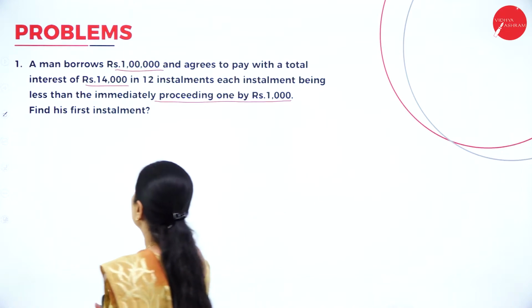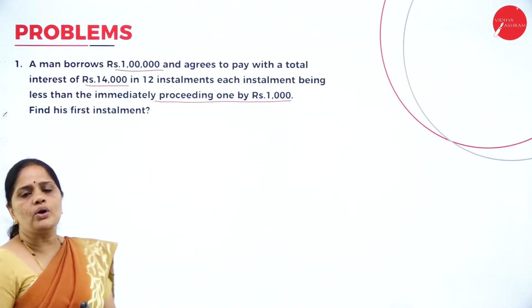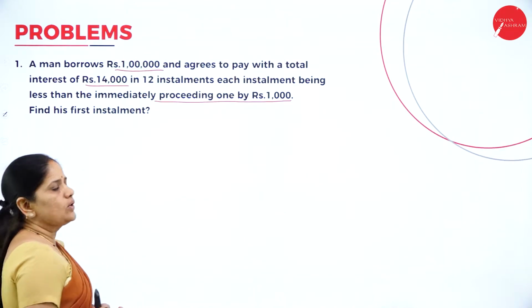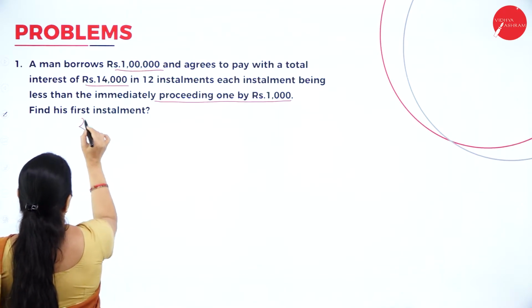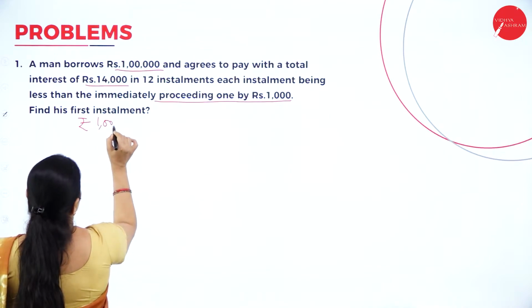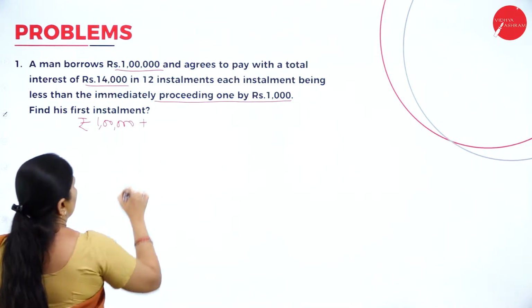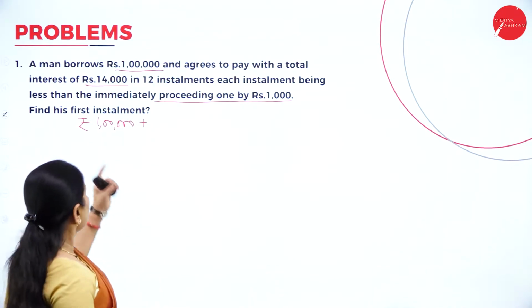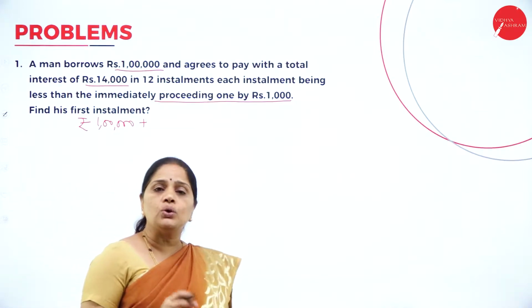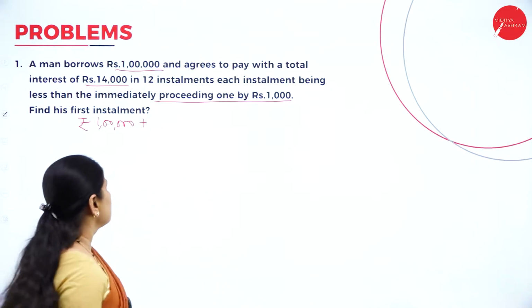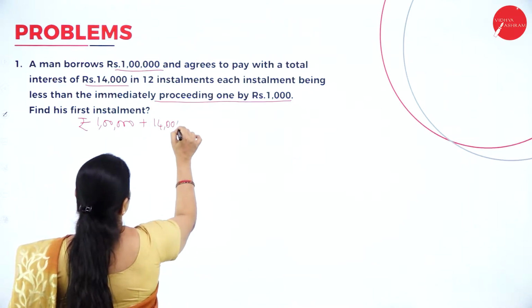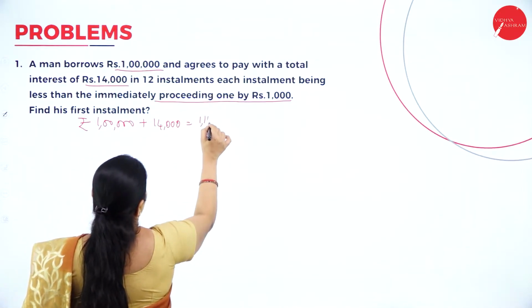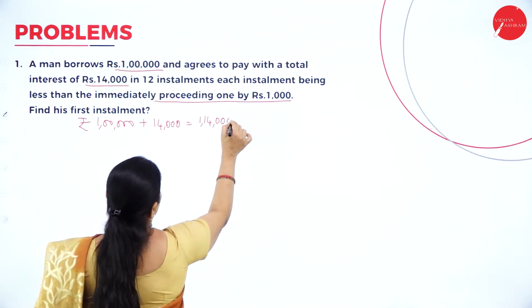Now, let us see what is the amount borrowed here. The amount borrowed is rupees 1 lakh, and then he has agreed to pay a total interest of 14,000. So, 1 lakh plus 14,000, we get 1,14,000.